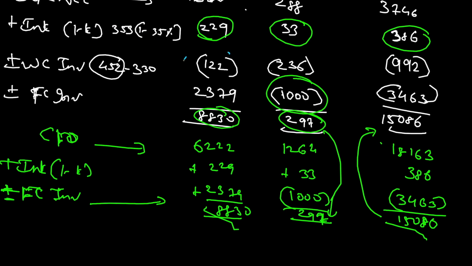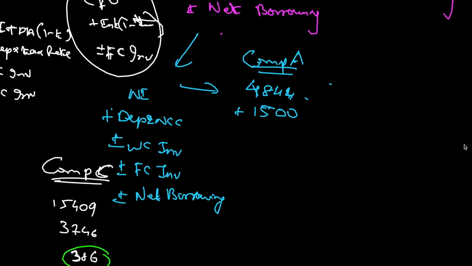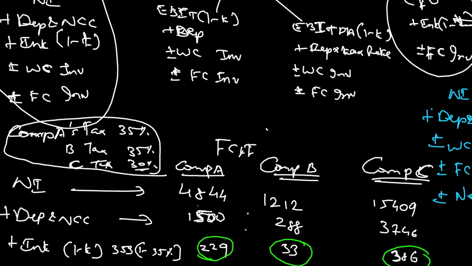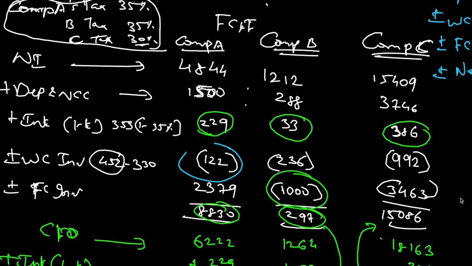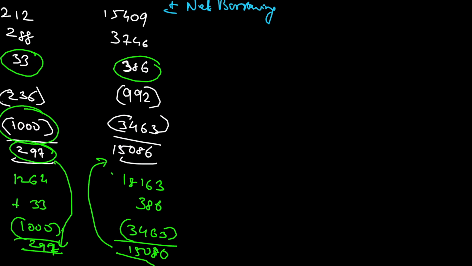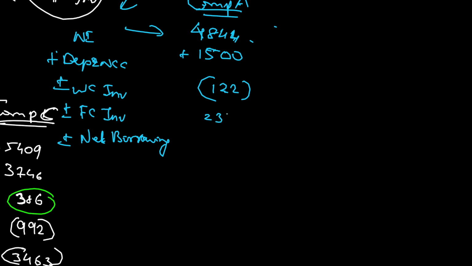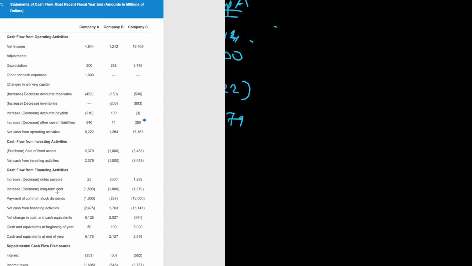It was minus 122 for company A, so I will say minus 122. Fixed capital investments will be plus 2379. And the net borrowing I have to check now.